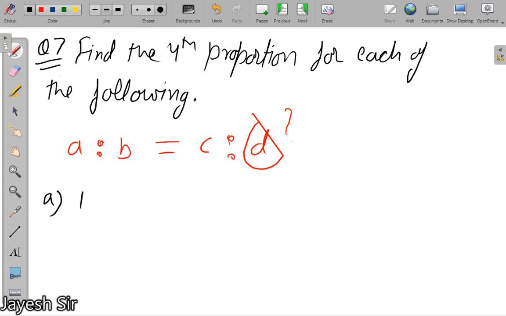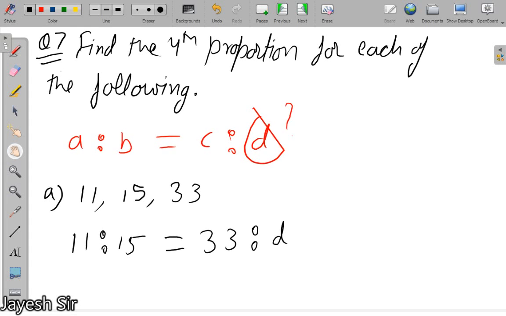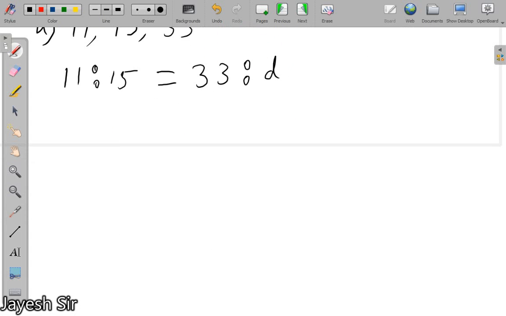A part is numbers are 11, 15 and 33. That means we have the ratio 11 is to 15 is proportional to 33 ratio D. Okay, so we have to determine this value of D. So this is 11 upon 15 is equals to 33 upon D. Okay, LHS cannot be simplified any further.